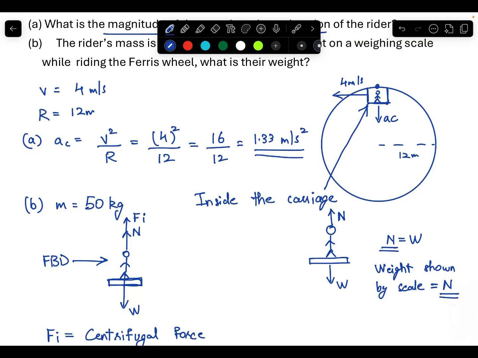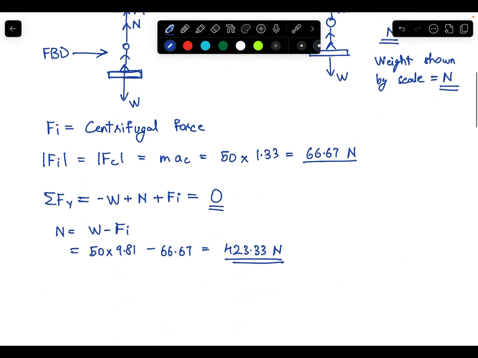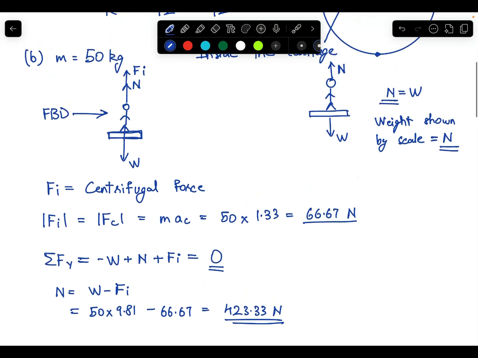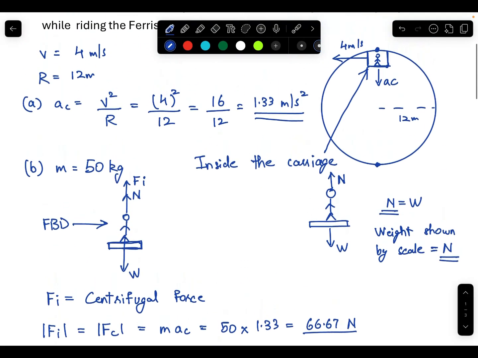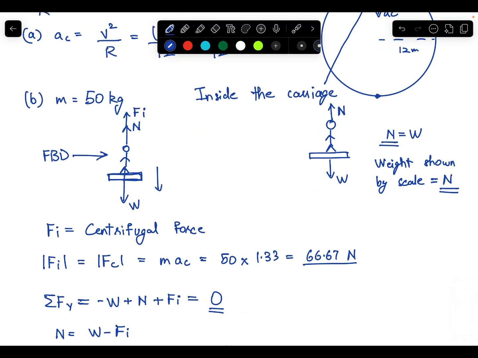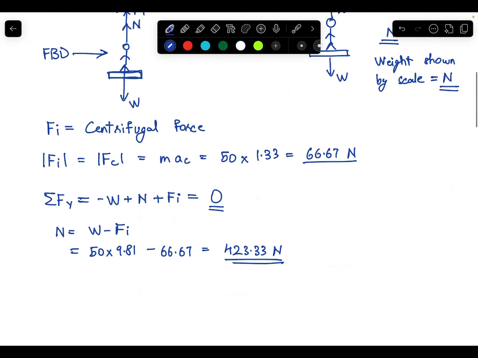So at the bottom of the circle, if you do the same particular math, your Fi, which is your centrifugal force, will be in the opposite direction. So your apparent weight, which is the weight shown by the scale, will be higher than the actual weight.